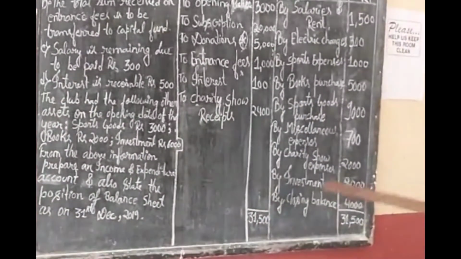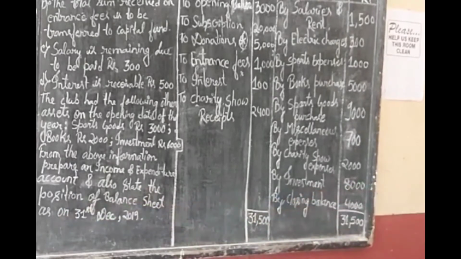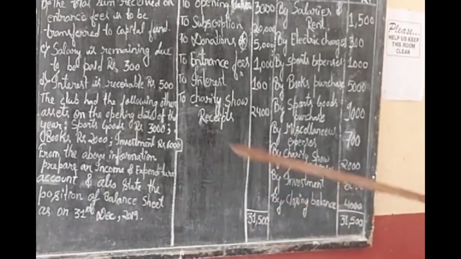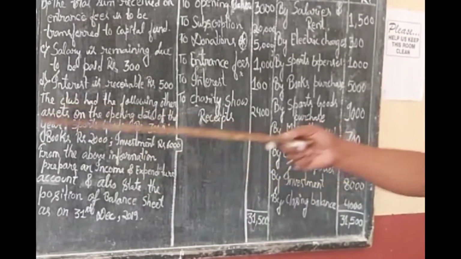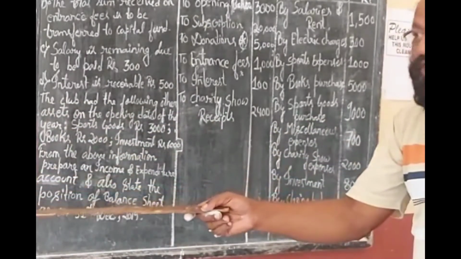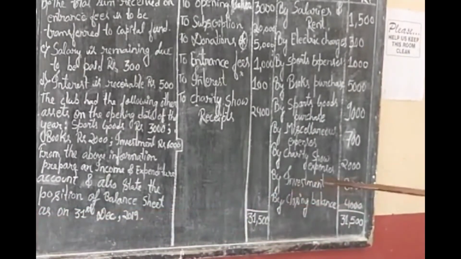Now you see, for preparation of the balance sheet, closing balance 4,000. Investment 8,000, and opening investment was how much? Opening investment was 6,000. So opening 6,000 and addition during the year 8,000, total 14,000.